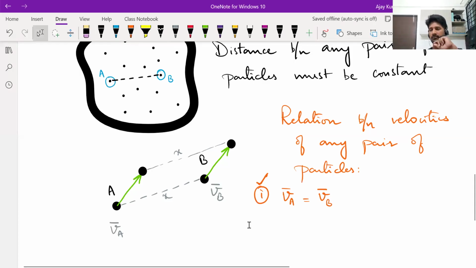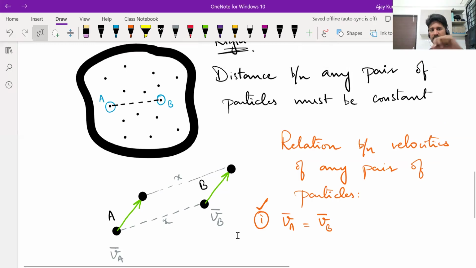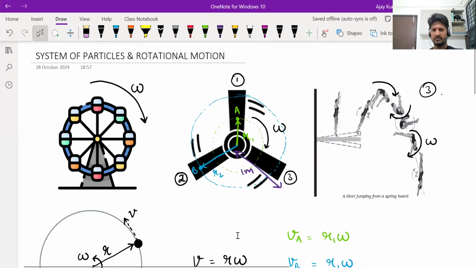But we are considering systems which rotate. In this chapter, we are going to look at systems and try to describe the physics behind the motion of systems which are rotating. Now, if a system is rotating, like the fan or the Ferris wheel, see, a fan is a rigid body only. For practical purposes, you can consider it as a rigid body.